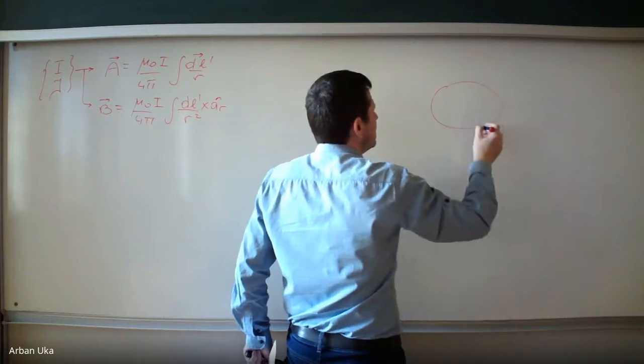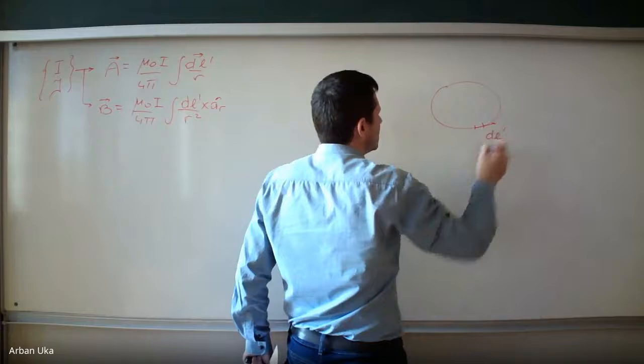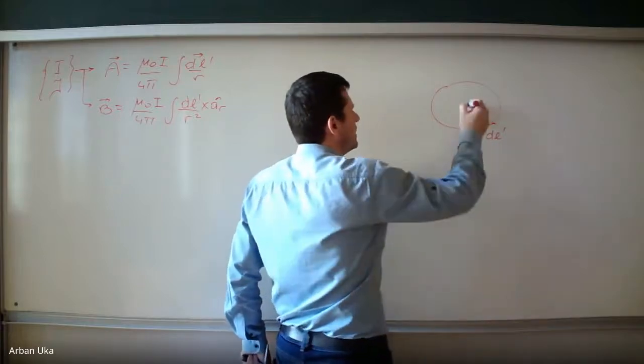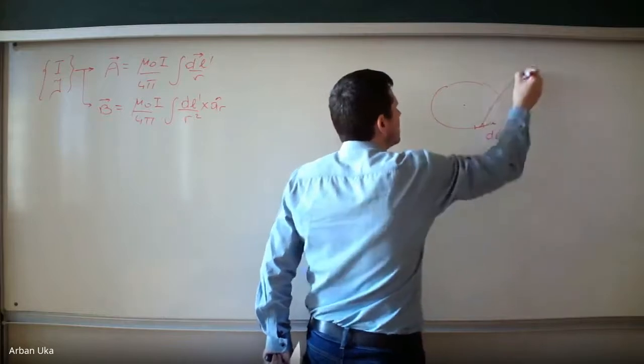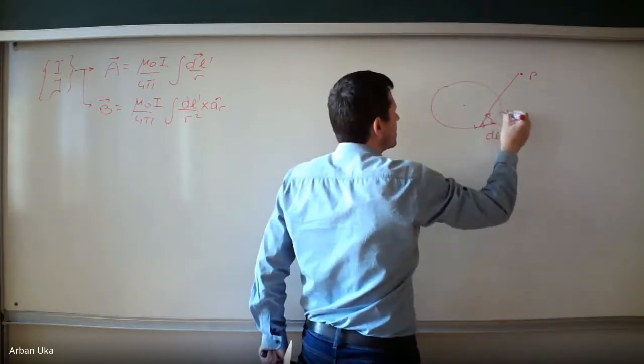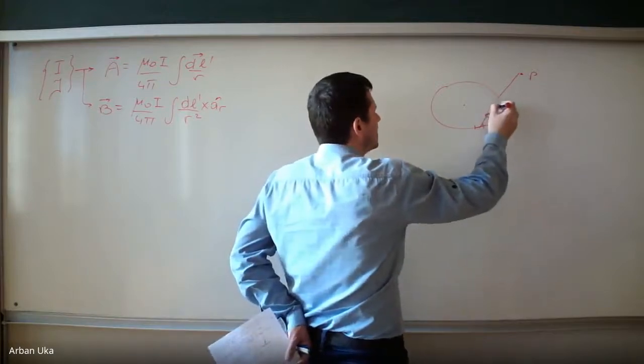And what AR is, let's say if this is the infinitesimally small current element, which we denote as dl prime, the AR would be the direction from the current element toward the point, so this is going to be some angle alpha. This is AR, this direction.